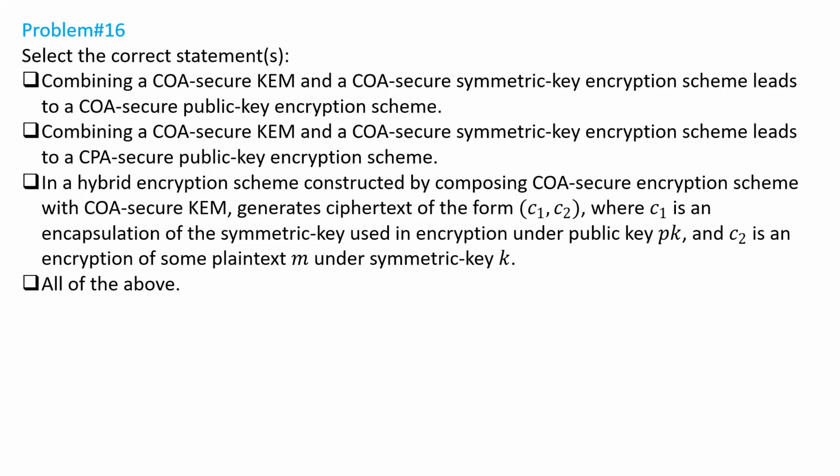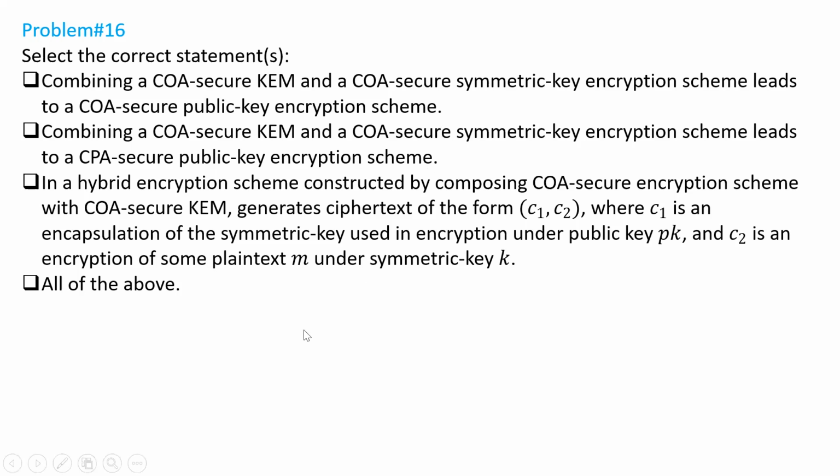Okay. And now this key K is used to encrypt the message M with the symmetric encryption scheme, and the corresponding output is C2. C1, C2 together is the corresponding ciphertext.